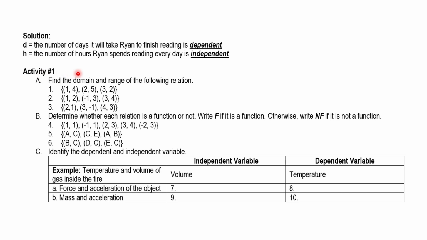For you to check yourself if you understood this discussion, answer activity number 1. For letter A, find the domain and range of the following relation. For letter B, write F if it is a function, otherwise write not function. And letter C, write the independent variable and dependent variable.